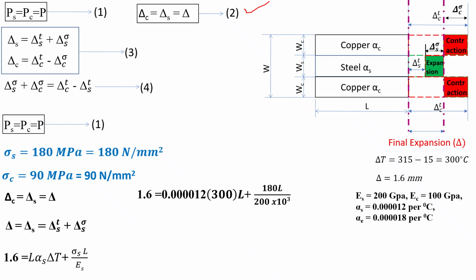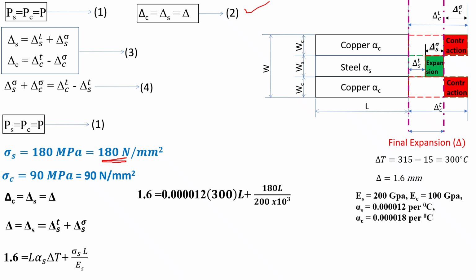In the data the alpha s value, delta t and Es values are given, and sigma s we found as 180. So substitute all these values: 1.6 equal to 0.000012 into 300 into L plus 180 L divided by 200 into 10 to the power 3.